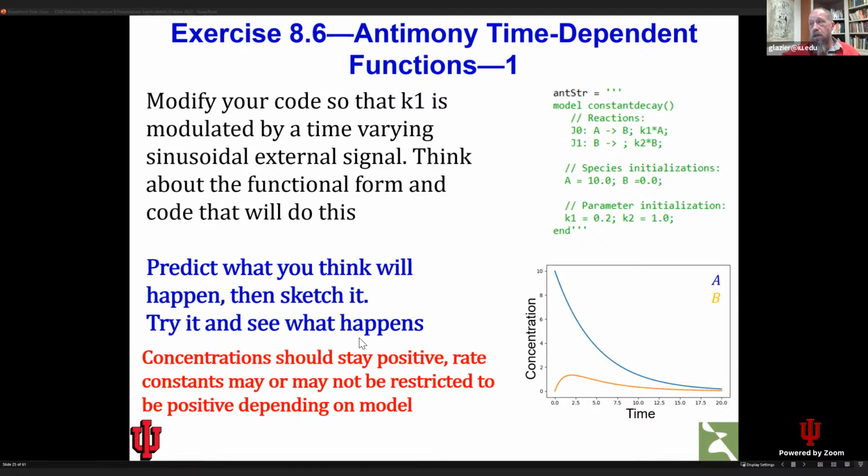And so I'd like people to try doing that. So instead of saying K1 equals 0.2, you have to use the syntax K1 colon equals, and then the thing that you want to have change in time.